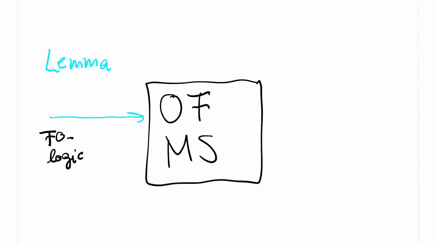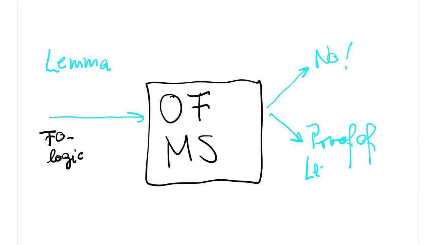The output of the oracle is either no, it's false, the lemma is not true, or alternatively, it spits out a proof of the lemma. And that's a great thing.